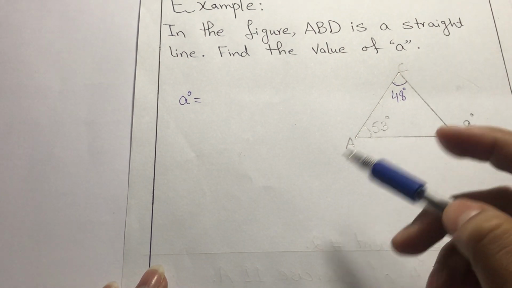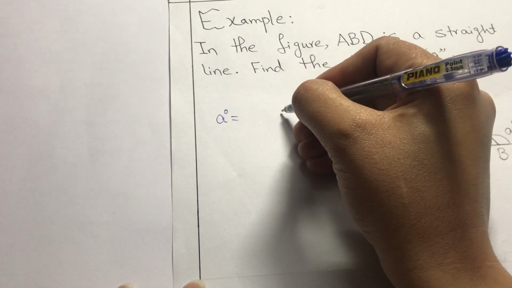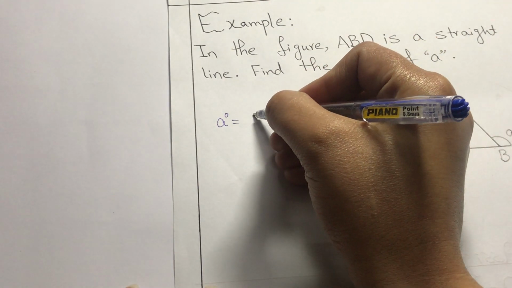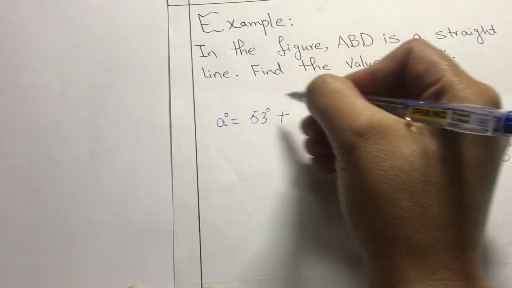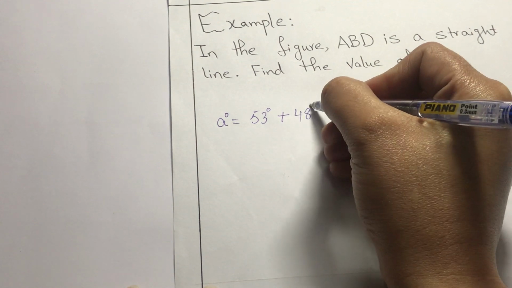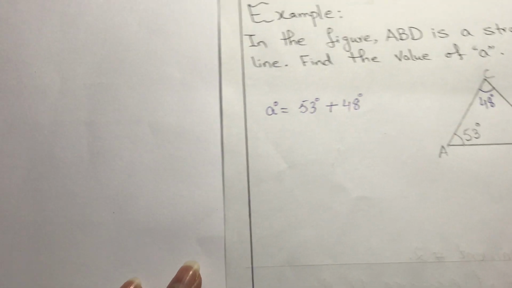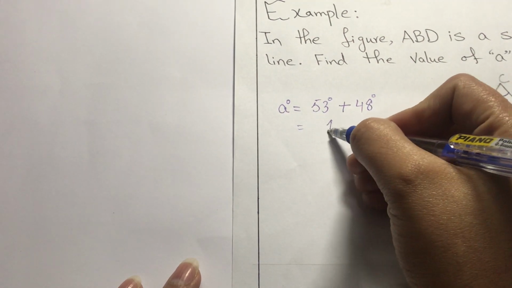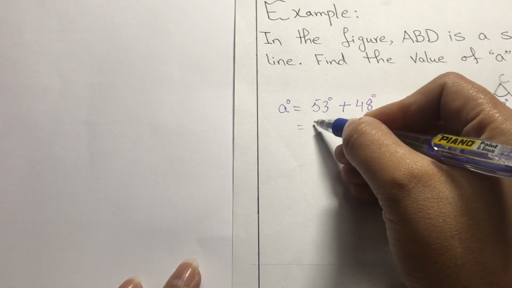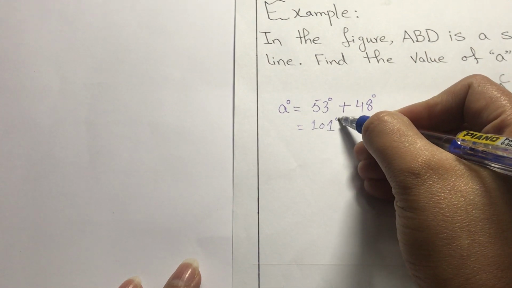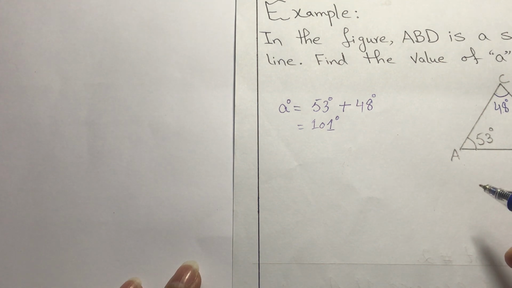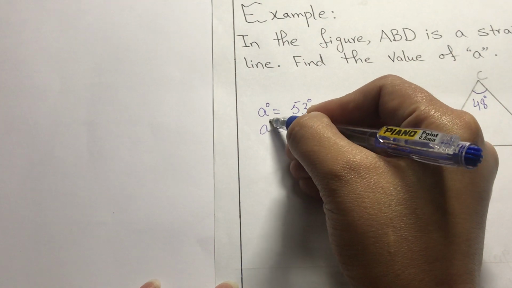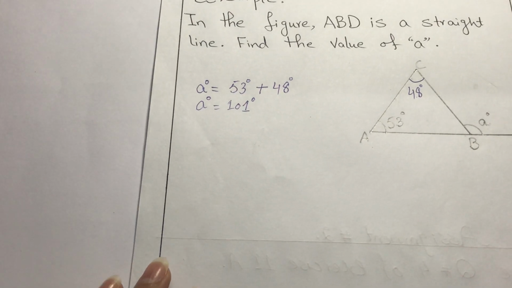And our property says sum. So for sum we will always use an addition sign, and our opposite interior angles are 53 degrees and 48 degrees, right? So the answer would be 101 degrees, right? So 101 degrees is our exterior angle. So A degrees would be equal to 101 degrees.